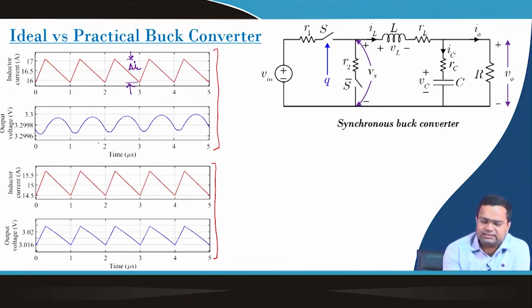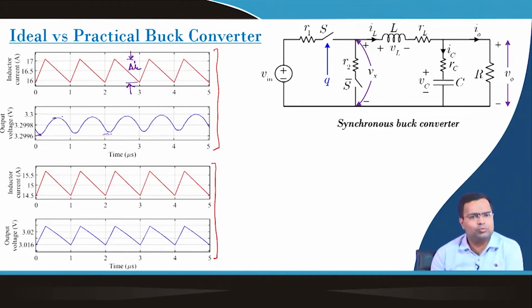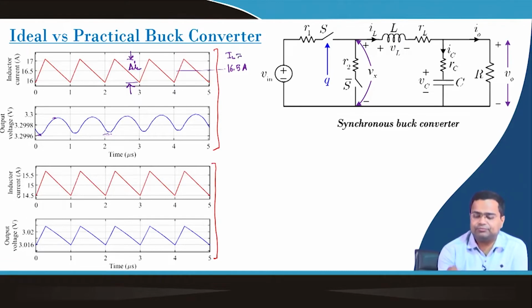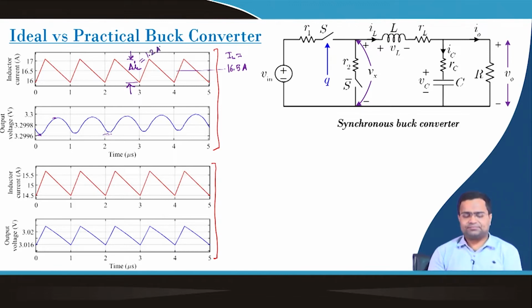Next, the output voltage: the ripple output voltage is almost negligible, because from this value to this value it is 0.0004, that means 0.4 millivolt. And the average value we saw in that simulation is around 16.5 ampere, that was our average inductor current. The ripple we saw around 1.2 ampere.